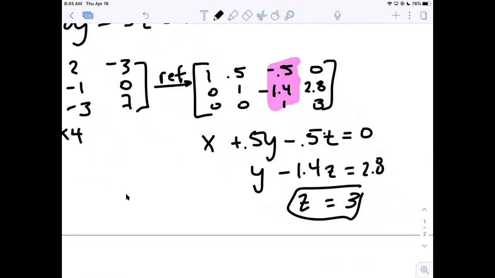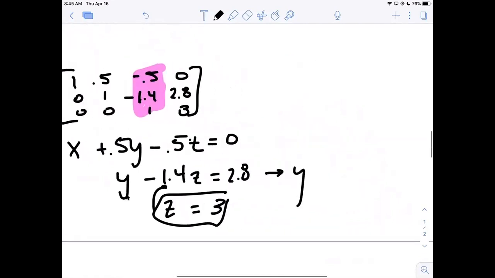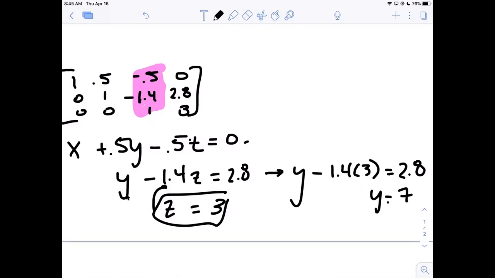I'm going to plug that in, substitute it into the one above it. So I essentially have y minus 1.4 times 3 equals 2.8. Negative 1.4 times 3 is negative 4.2. So I'm going to add 4.2 to 2.8. And I get 7, so y equals 7.